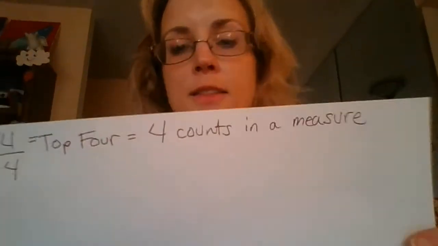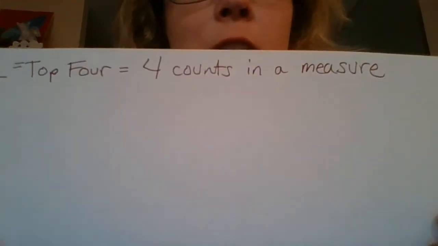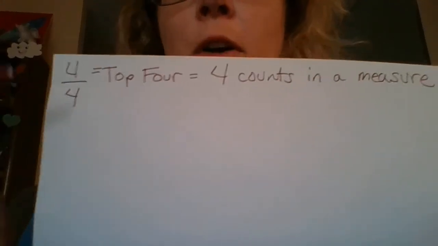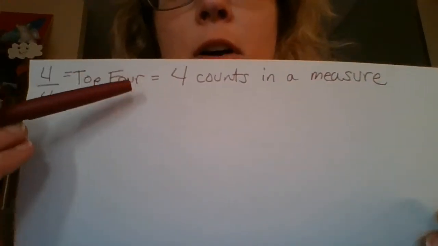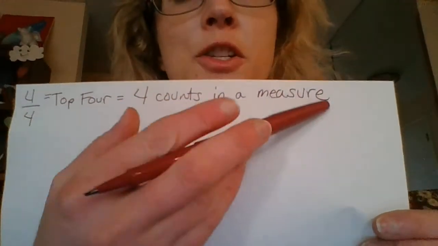So write down top 4 equals 4 counts in a measure. You can always pause this video at any point. So the top 4 equals 4 counts in a measure. You're going to need to know that.